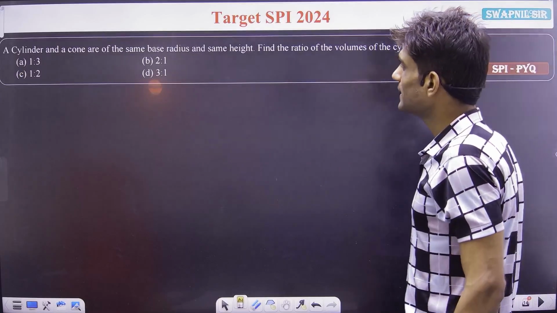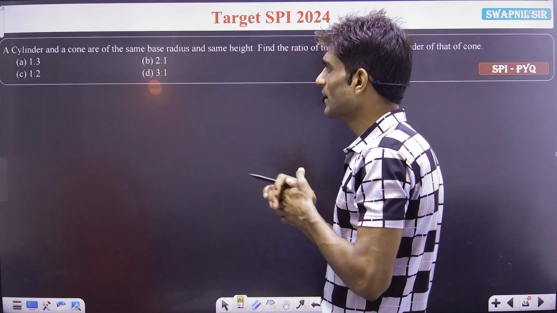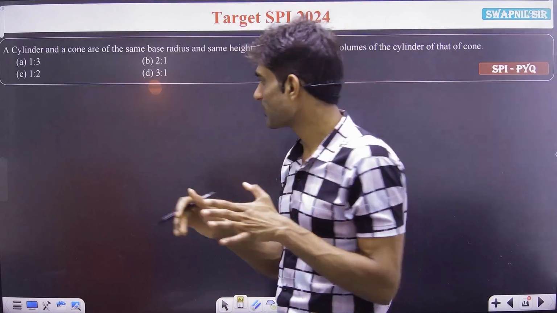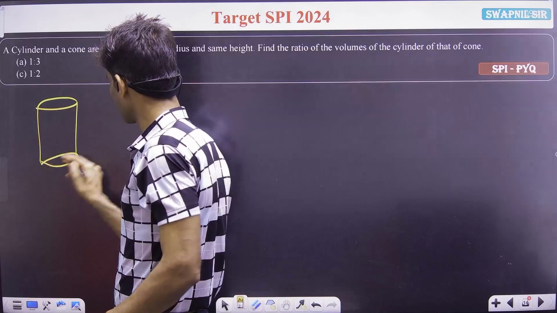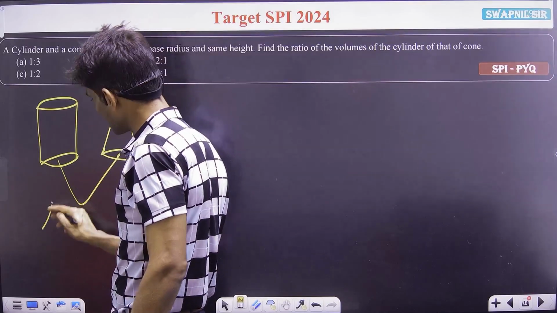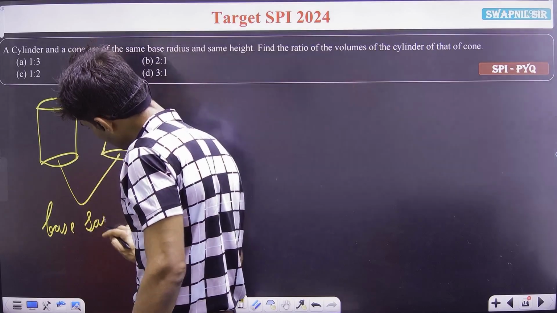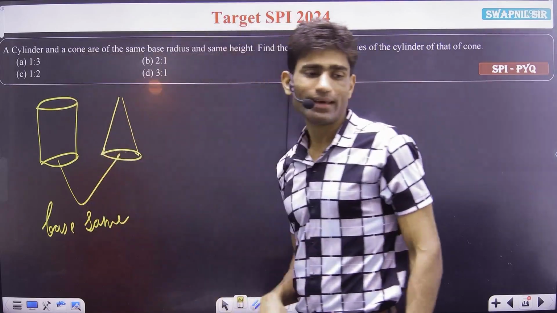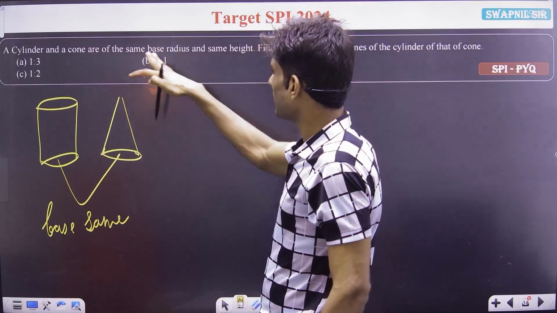A cylinder and a cone are of the same base. We have a cylinder, this one, and a cone, this one. Both have the same base, the same base radius.